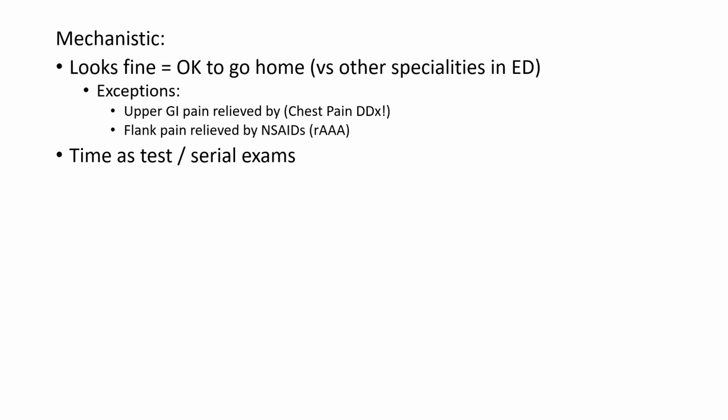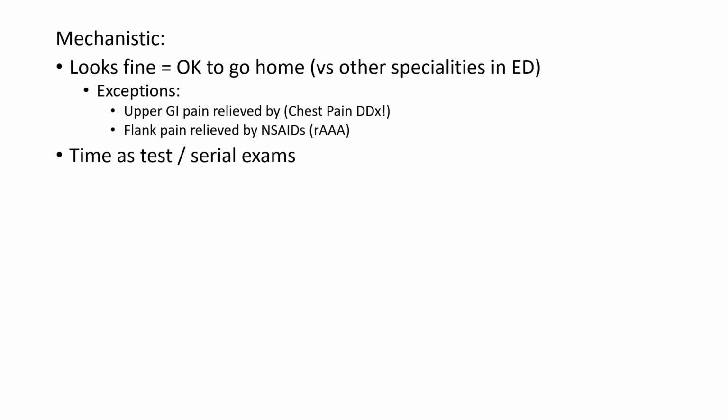We know that NSAIDs like ketorolac work really well on stone pain, like kidney stones or gallstones, to such an extent that sometimes we just treat it, and if they become better right away, then it's a good test.